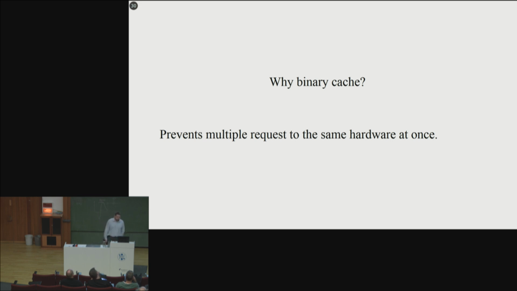Why do we need binary cache and what is it actually? As you might know, in a response you can define a response cache header, so that if your browser asks for the same thing twice within the period of time defined in this header, it won't even ask the server for a response.